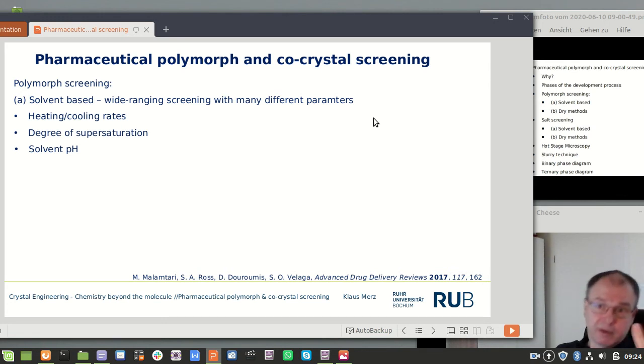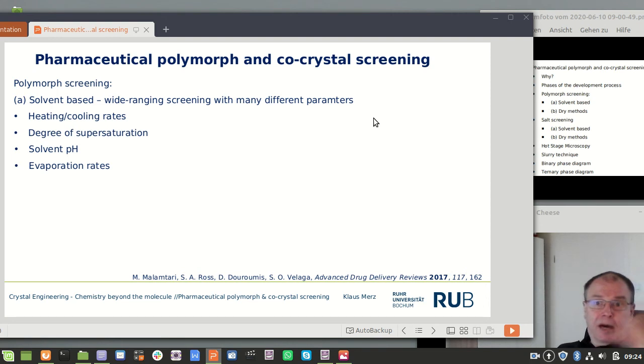Not all of them are soluble in water, but this is important because if it is soluble in water, you have a higher bioavailability, and higher bioavailability is one parameter which should be improved. And one parameter is tuning the pH value of your solution.